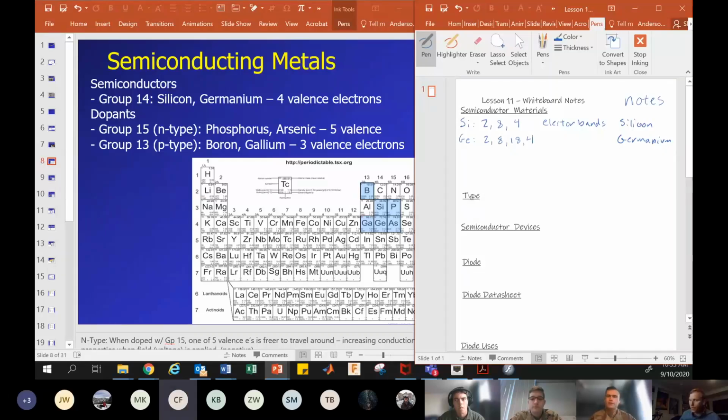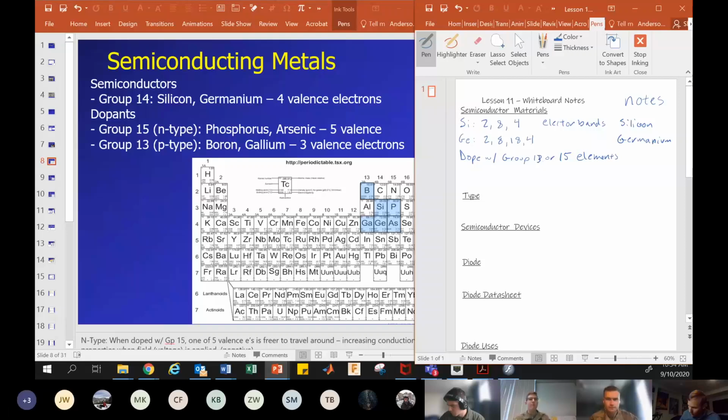Now, these by themselves are not that interesting. These materials become interesting when we dope them with group 13 or 15 elements. Make that 3 look better.